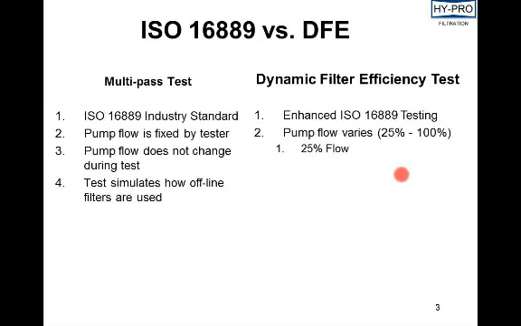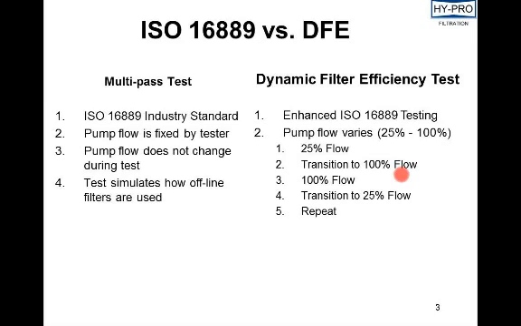The duty cycle looks something like this. If we were at low flow, we'd be at 25% of max rate of flow. We would increase the flow to 100% rapidly, monitor removal efficiency, stabilize at 100% of max rate of flow for 2 to 3 particle counts, and then change the flow rate again, back down to the low flow rating.